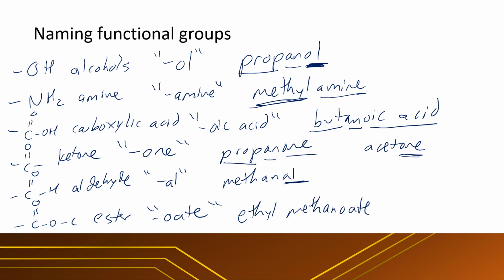So if you see on like packaging something ending in oate, it's going to be an ester, and it's probably going to provide some kind of flavor or smell enhancement. And so just being able to recognize the names of the functional groups. You don't have to be able to write the whole name on your own. That's beyond the scope of this class. But just recognizing some of these suffixes to say like what type of functional group it would be is a great idea.